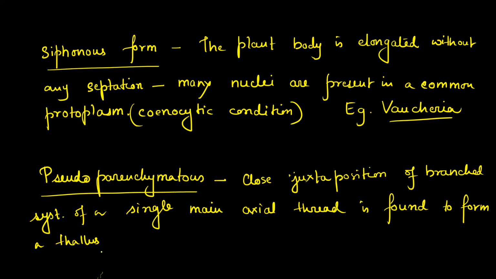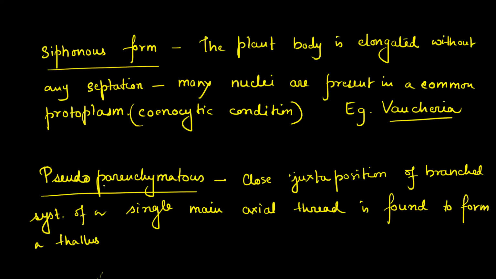Next, we'll go to the parenchymatous form. Okay, I've forgotten to add one example here. This is what? Monostroma. This can be one example.